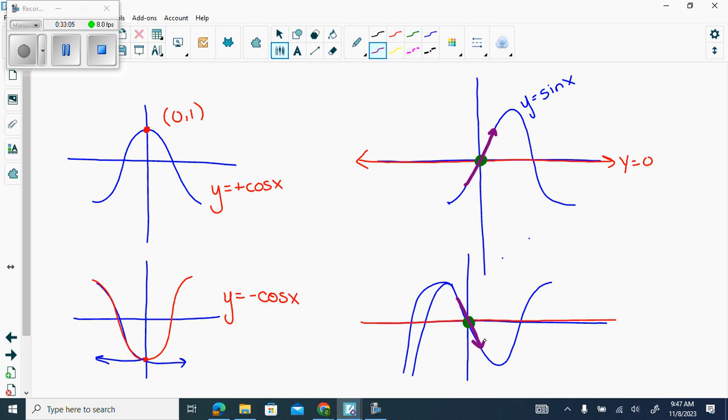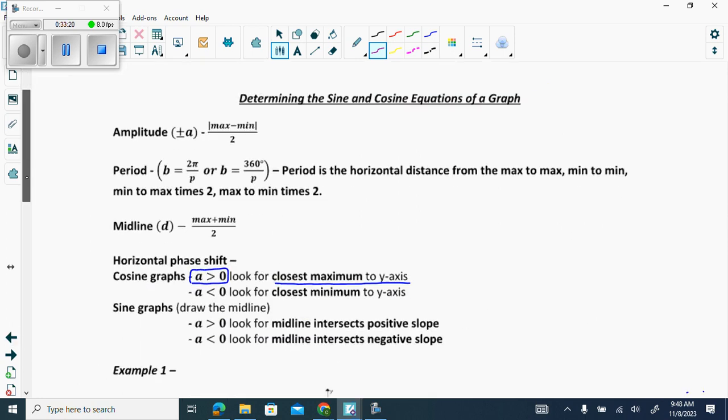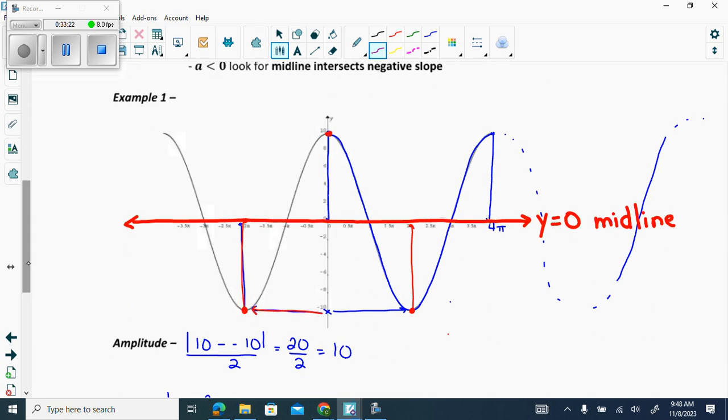Negative cosines, I look for the closest min off the y-axis, yes? Sine graphs, my hint to you is you're going to look for the closest intersections with the midline. So if I have to do a sine graph, I draw my midline, which I already have, and then I bold the closest intersection points.